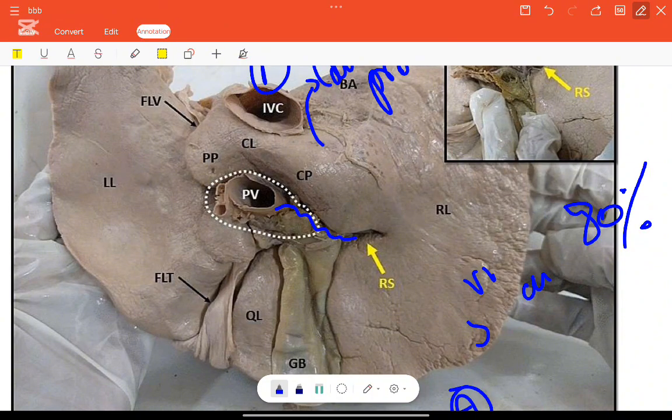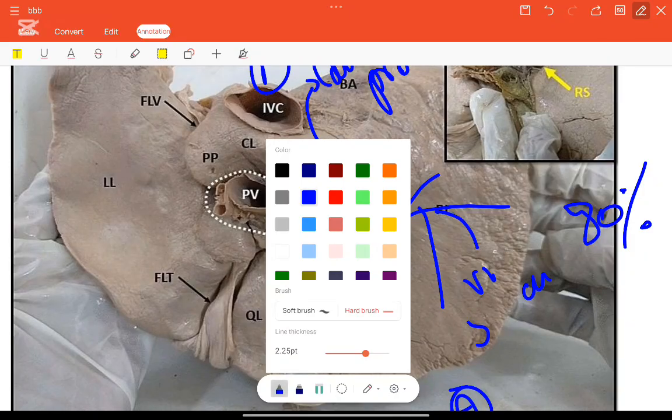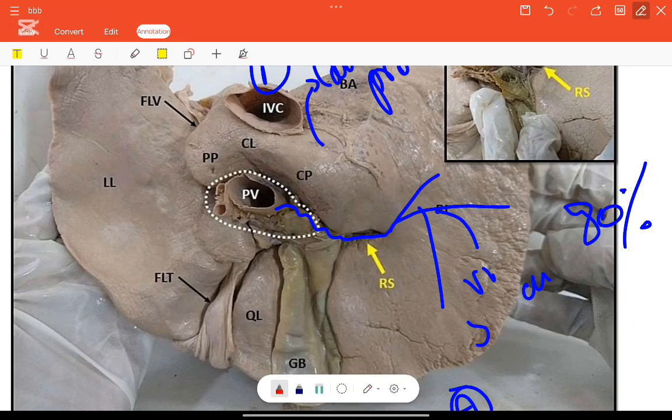This right portal branch passes in Rouviere's sulcus before branching inside of the right liver. It also contains the right hepatic artery. Of course, the hepatic artery divides into right and left, and the right hepatic artery also passes in Rouviere's sulcus before moving to the right side of the liver. So it contains two things basically: the right portal vein and the right hepatic artery.